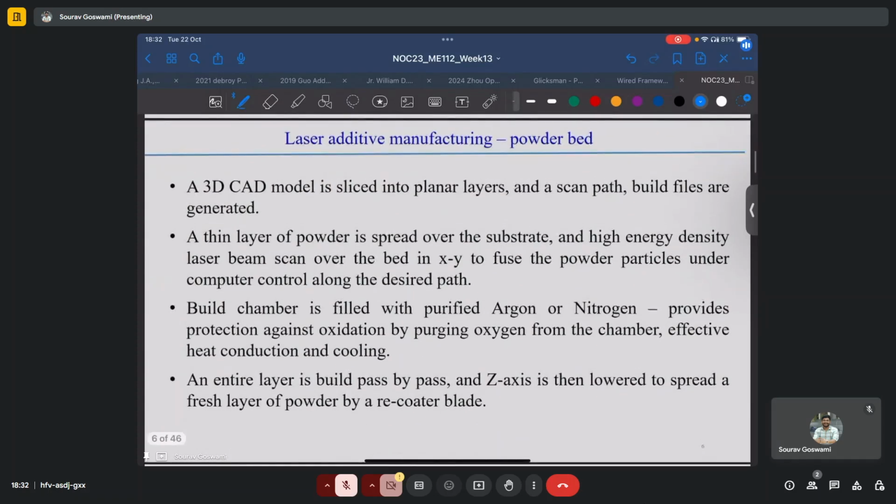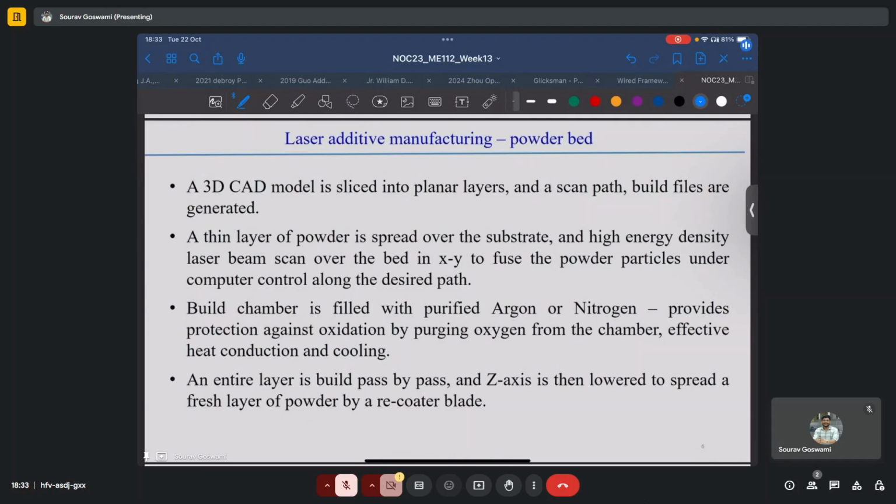Now, in powder bed based laser additive manufacturing, a 3D CAD model is sliced into planar layers and a scan path and build files are generated. These build files are then passed on to the machine. In each pass, a thin layer of powder is spread over the substrate and a high energy density laser beam scans over the bed in the XY plane to fuse the powder particles under computer control along the desired path.